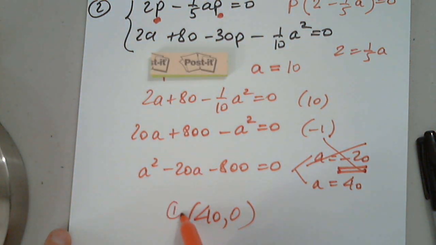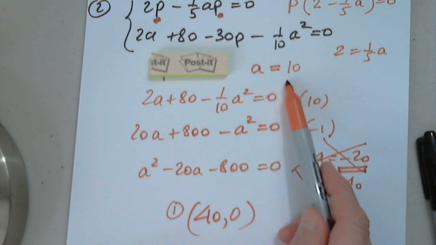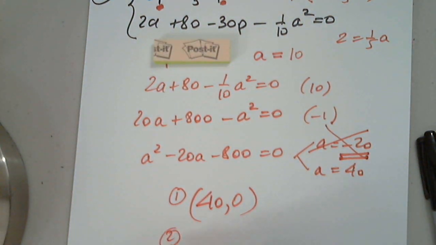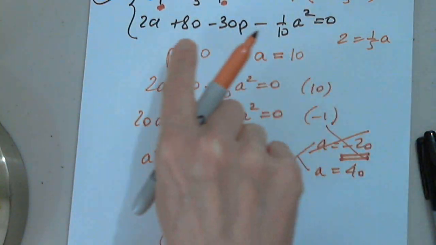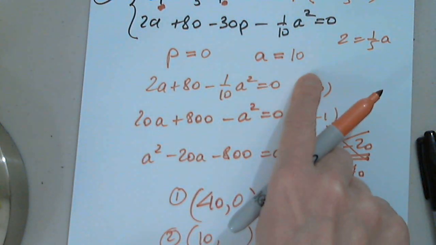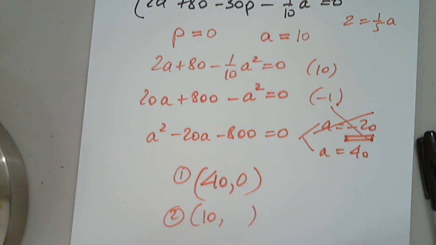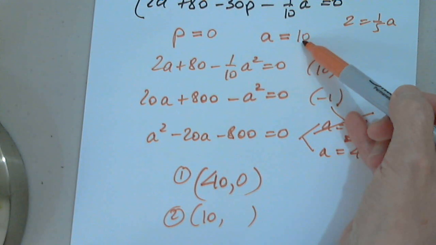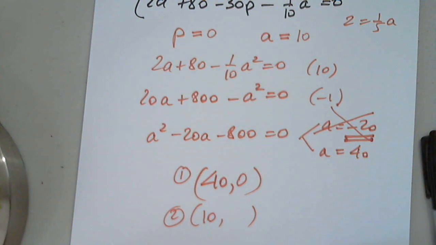This is one ordered pair. When A is 40, P is 0. But now I also have the other option, A equals 10. So in number 2, I have 10, comma, and I have to determine P. Okay, so from A equals 10, I go back here and replace A by 10 and find P. 2 times 10, 20, plus 80, minus 30P. 10 squared, 100 divided by 10 is 10, but minus.